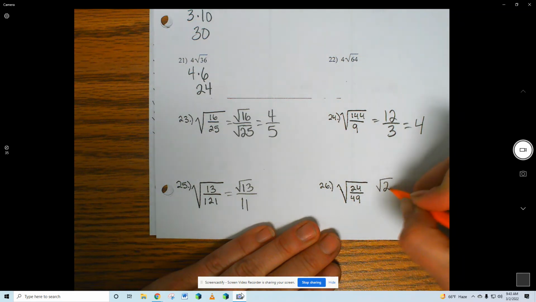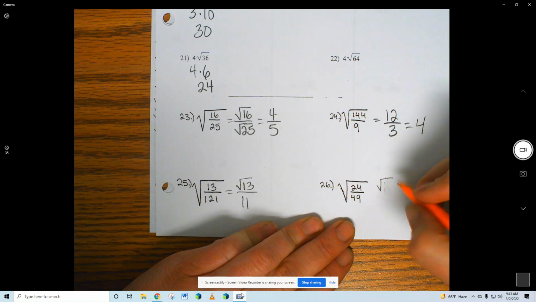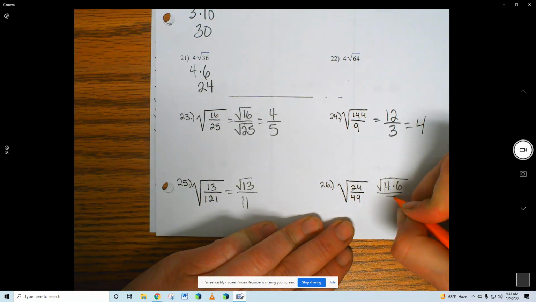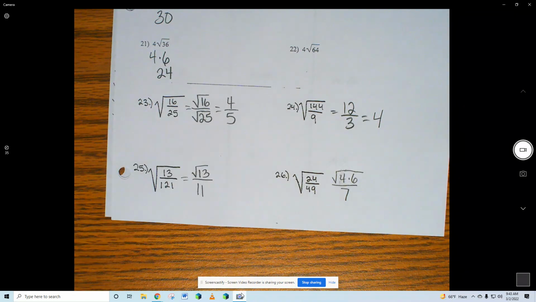Square root of 24 is 4 times 6 over, well, the square root of 49 is just 7. In my numerator, the square root of 4 is a perfect square.